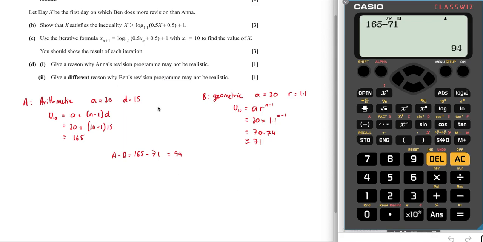So let's look at the amount of time that each does on this respective day X. So for my arithmetic, what have we got?